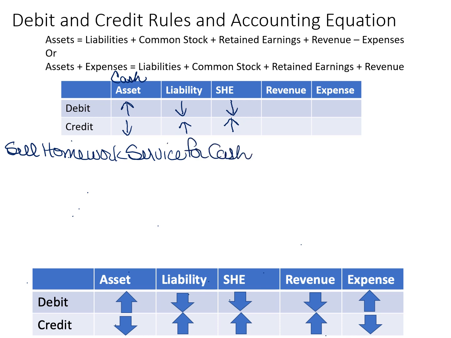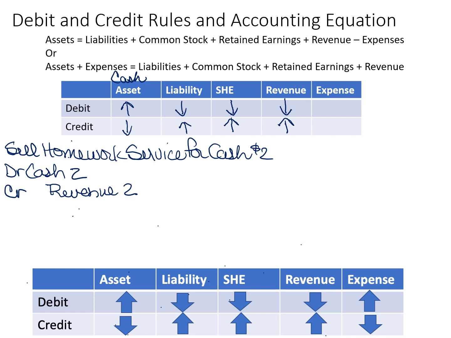Well, if I sell homework service for cash, I'm going to be debiting cash because I'm going to get cash. Let's say it's $2. So my cash increases. That means I need a credit, and my credit is revenue because I am selling services or goods, and so my revenue is increased by credits and decreased by debits.